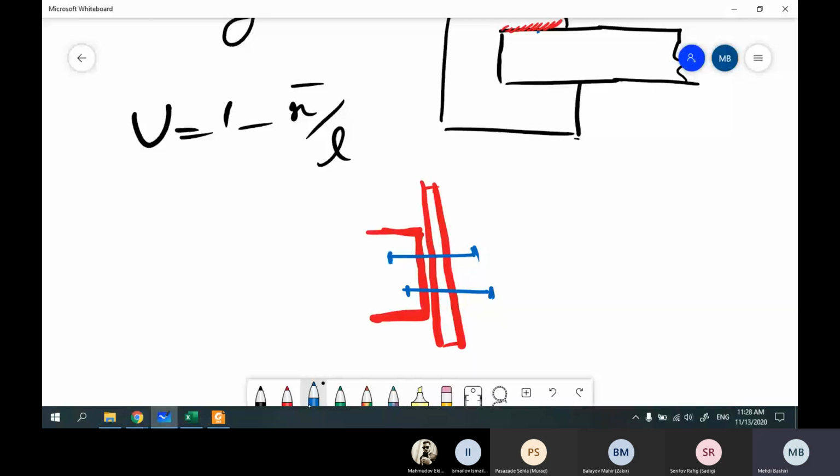First of all, you need to find the centroid of the member like this, and x bar is the distance between the plate and the center.